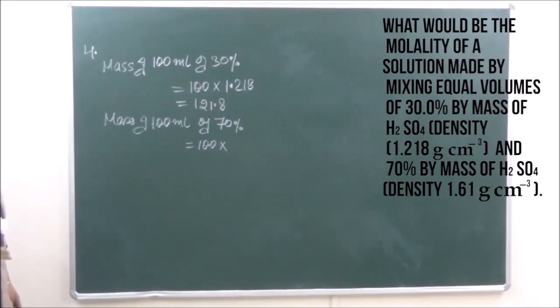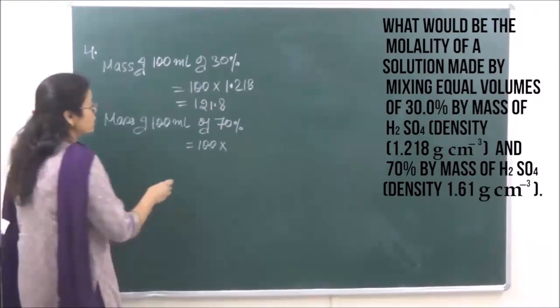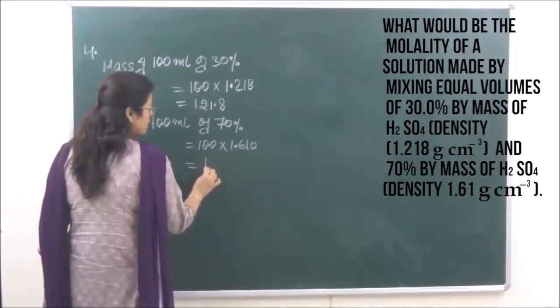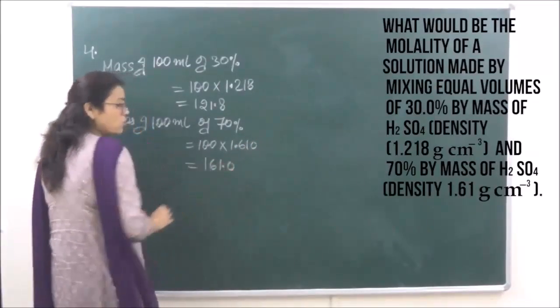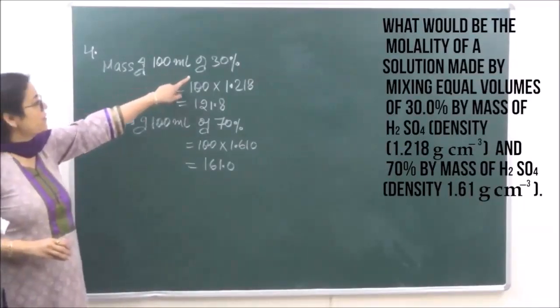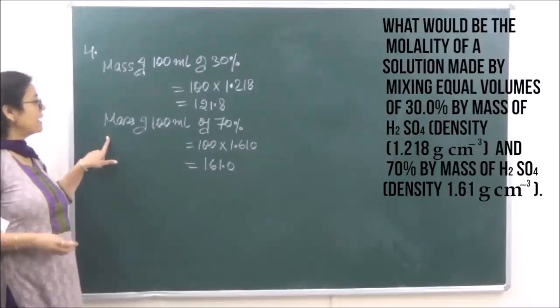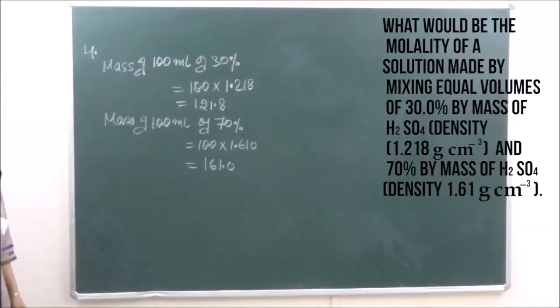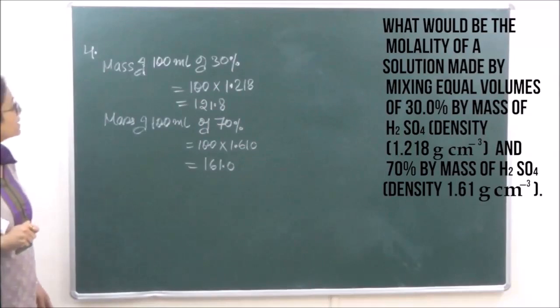So when we calculate this, it will come as 161.0, right? So we have calculated the mass of 100 ml of 30% and the mass of 100 ml of 70% solution.